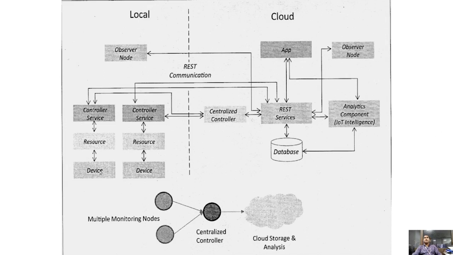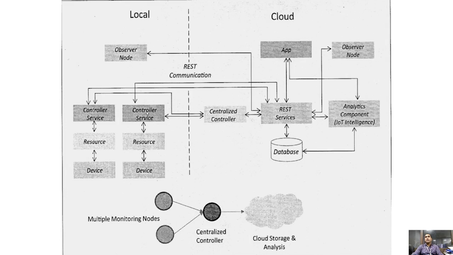As we can see in this diagram, there are devices, and on top of the devices there are different resources running, and on top of that we have the controller service running where some REST based communication is happening.